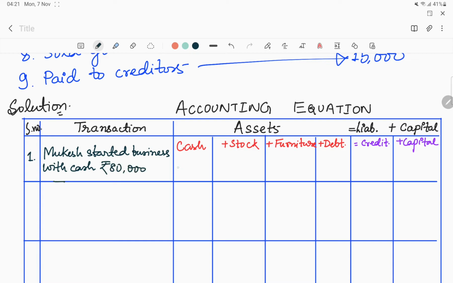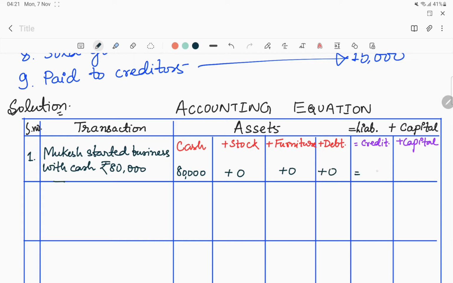So on the asset side it will go in cash, and in this step stock is 0, furniture is 0, debtors is 0.